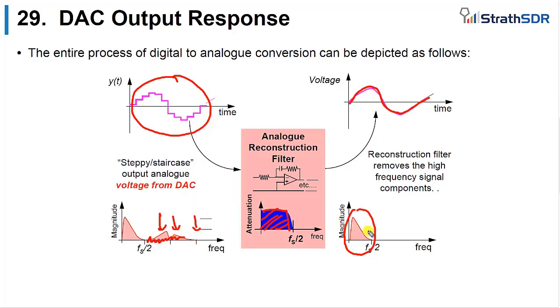That's my baseband, 0 to fs over 2. Assuming my original signal was sampled correctly, I'm very happy because I started with only information from 0 to fs over 2, and after all my processing and reconstruction, I've still only got energy between 0 and fs over 2.